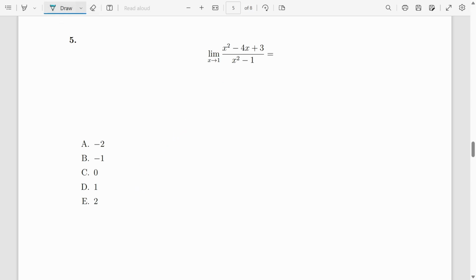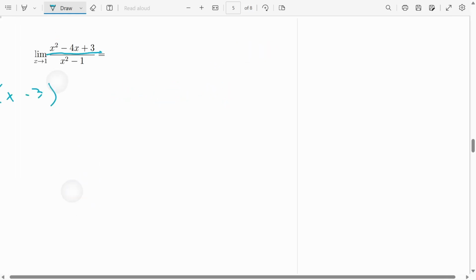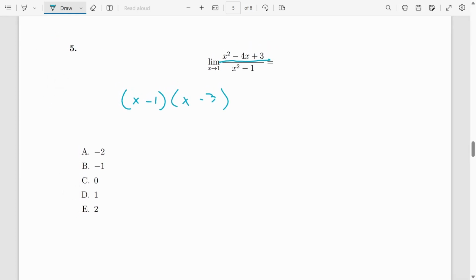Let's try to simplify this. So the top one, I actually just Googled this. Apparently it's called the sum product pattern. If you want to Google it and study it more on your own, to go ahead and simplify this, where you have, it's in the form of like that, and then it looks like we could do minus 1 minus 3. So then when you expand both of these back out, it gets you back to that.